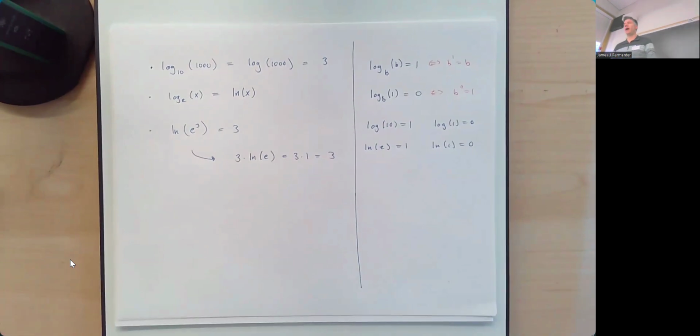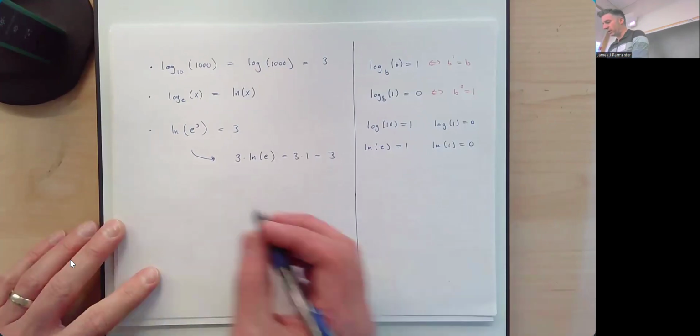Okay. The last thing I want you to know about as far as logs are concerned, before we move towards talking about the derivative of logarithmic functions, is the change of base formula.